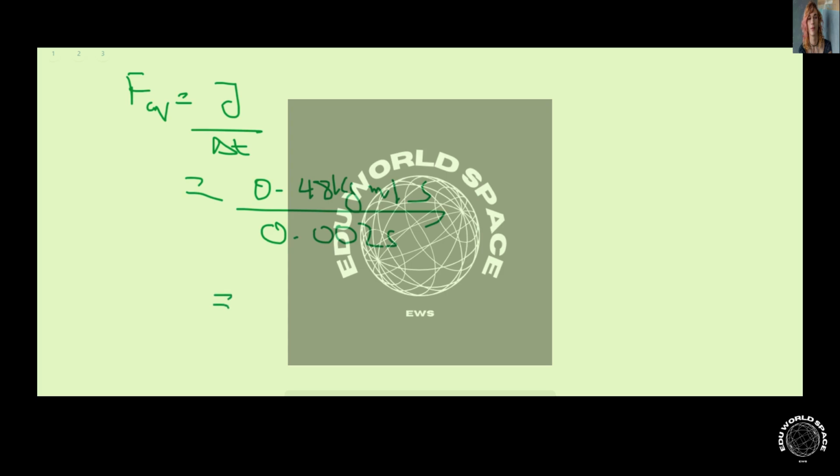Putting in those numbers, 0.48 divided by 0.002 becomes 240 newtons, which you could also write as 2.4 times 10 to the 3 newtons.